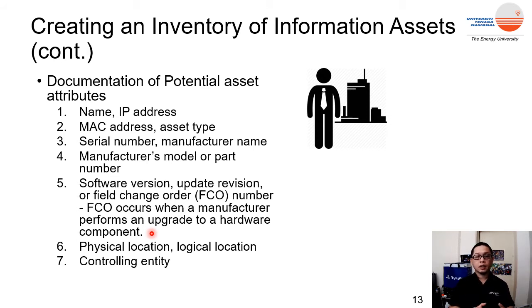Each organization sometimes has a unique way of identifying the asset and how to keep information about that asset. So you can use the guide on this page as perhaps a starting point to properly catalog your assets.